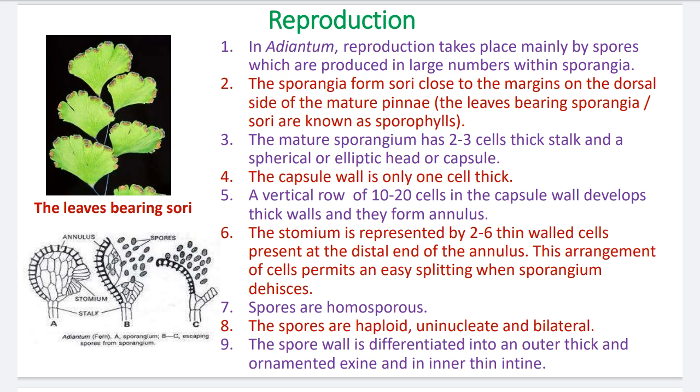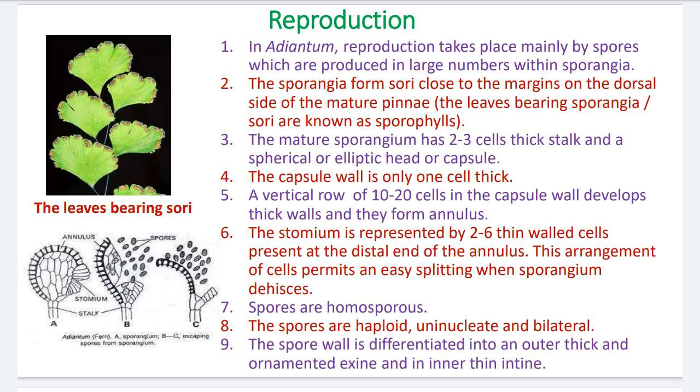And see in the bracket, the leaves bearing sporangia or sori are known as sporophylls, and these green colored leaves in the photographs are nothing but the sporophylls. Why are these leaves called sporophylls? Because these leaves have the spore producing structures, sori or sporangia, so these leaves are called sporophylls.